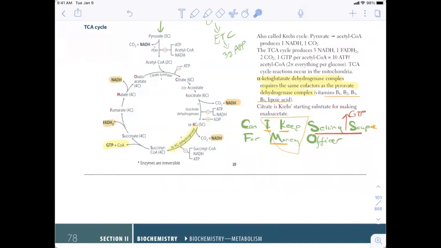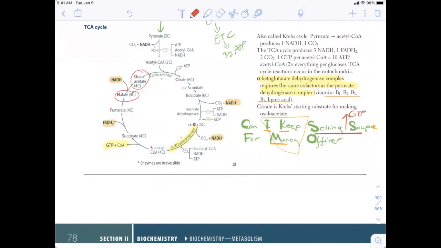The other thing also don't forget is oxaloacetate, you can see, right, is one of the players that we have here, okay? And malate is one of the players we have here, okay?